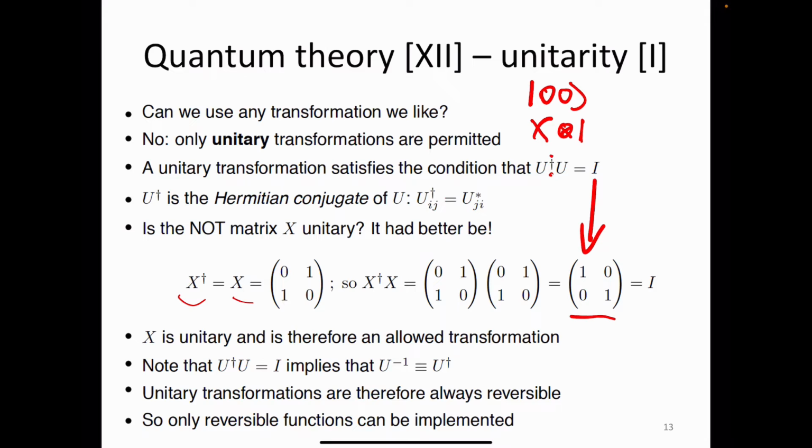And only reversible functions can be implemented. So as we said before, quantum computing and quantum physics is reversible. So apply the same transformation to a state twice, and you will get back the original state. That's how you can check if your transformation is valid, combined with the other checks that we already talked about.